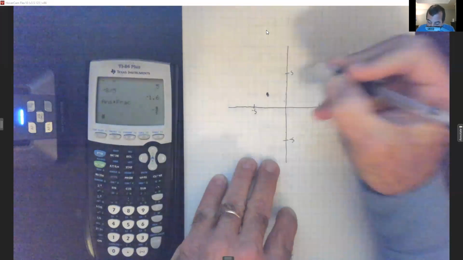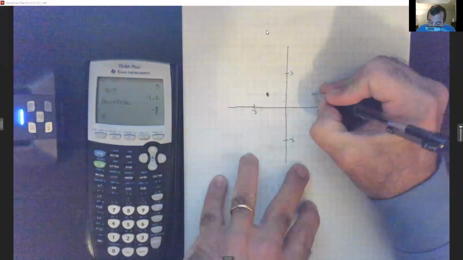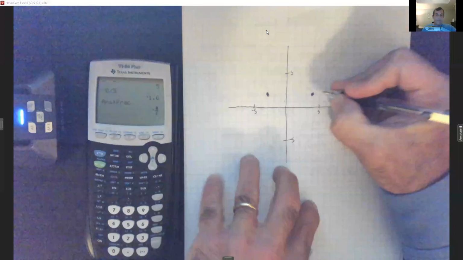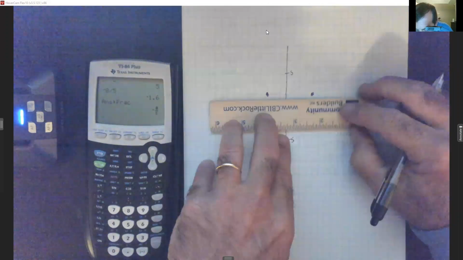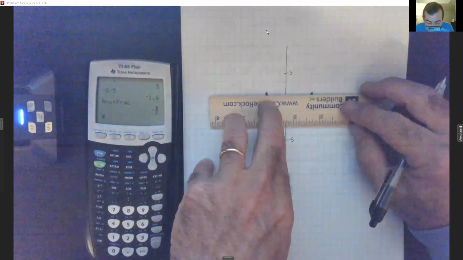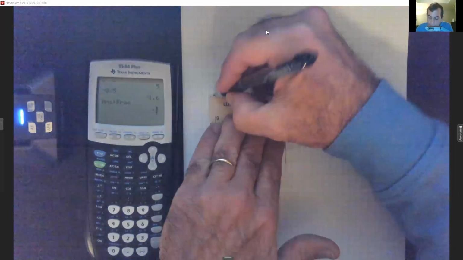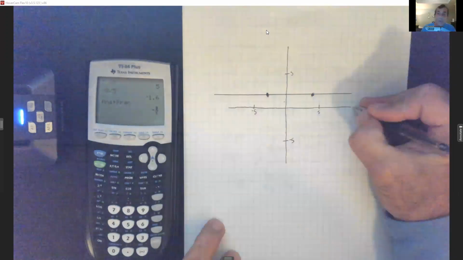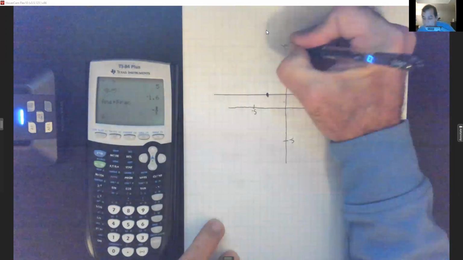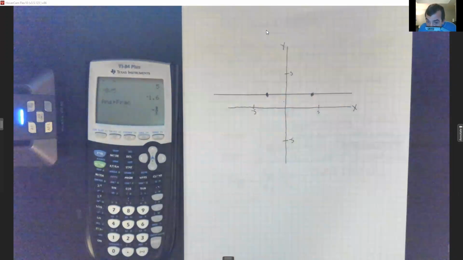And then my next point will be right there. So that's going to be a straight line going straight across, it looks like. So here was my X, and here was my Y. All righty, so this is my point 1. So let's see what that equals.